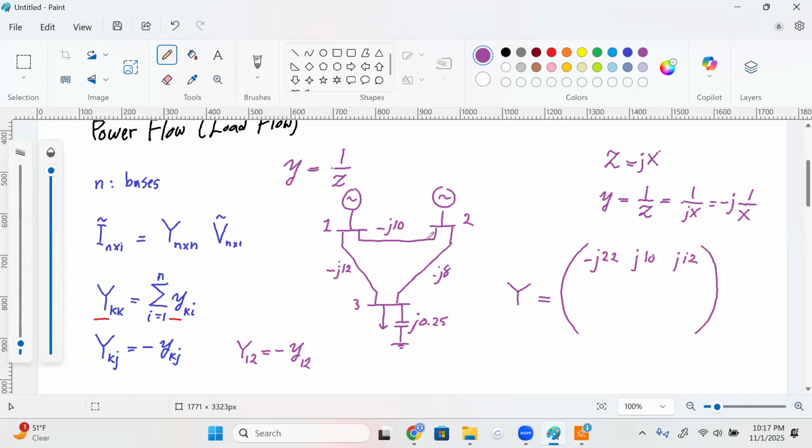For bus 2, Y21 would be the negative of the admittance connected between those buses, which is J10. Y22 would be the sum of admittances connected to that bus, a negative J10 and a negative J8, so negative J18. And then Y23 would be minus the admittance connected between buses 2 and 3, which in this case would be J8.